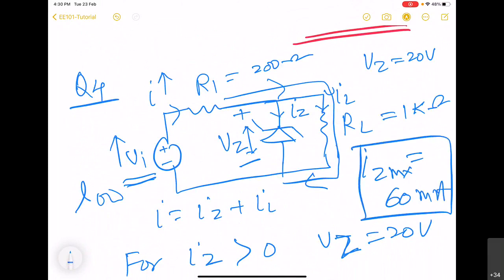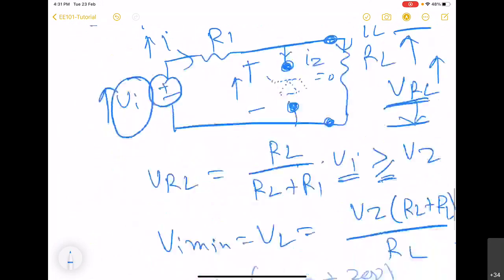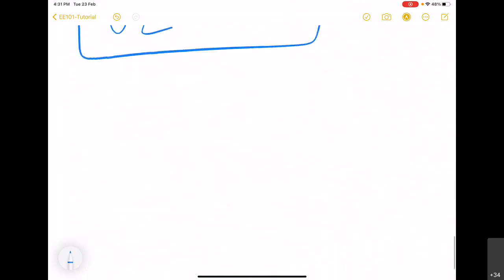So this parameter will dictate the upper value of this Vi. So Vi high will be decided by Iz max. So now let us see how this Iz max is going to be decided.